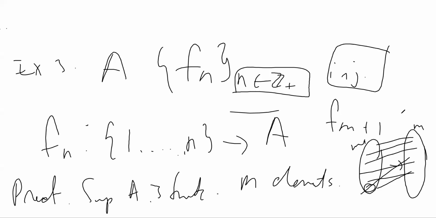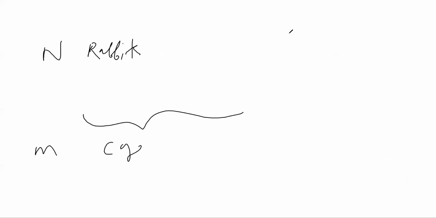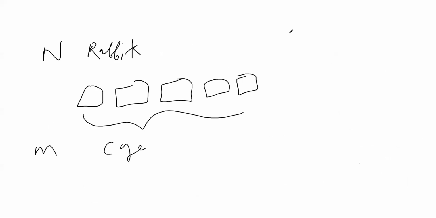Okay, the pigeonhole principle basically tells you, if you have some number of rabbits, which is how Russians always explain it, and you have m cages for rabbits, and you try to put all n rabbits in m cages, if n is bigger than m, you would always have at least 2 rabbits in one cage.